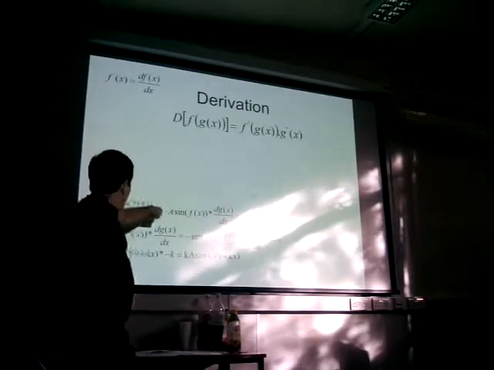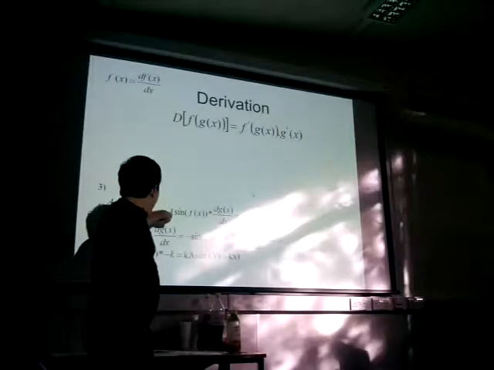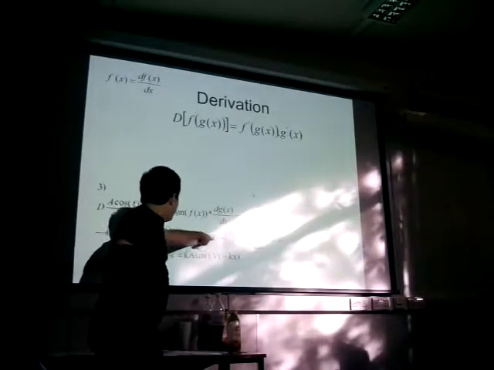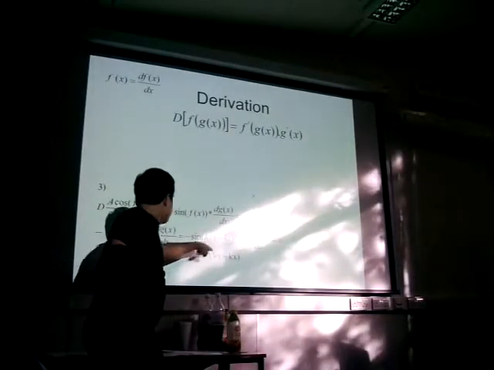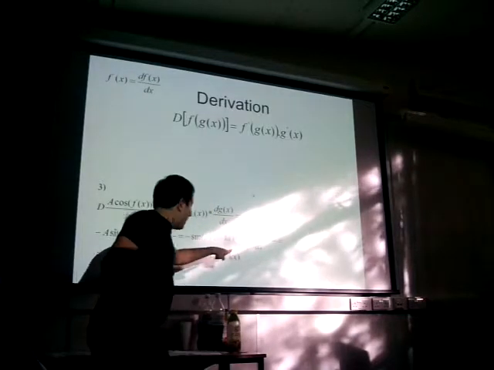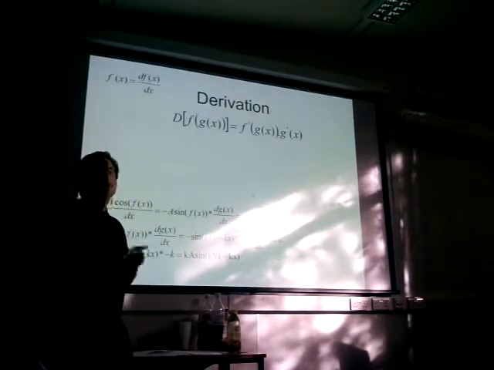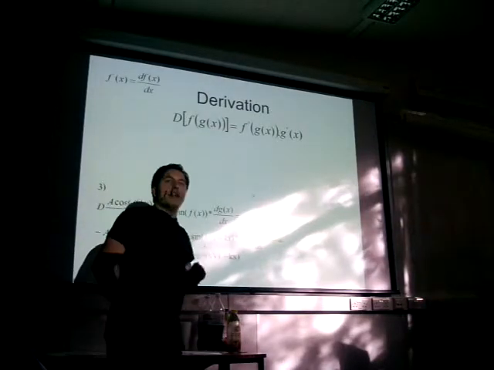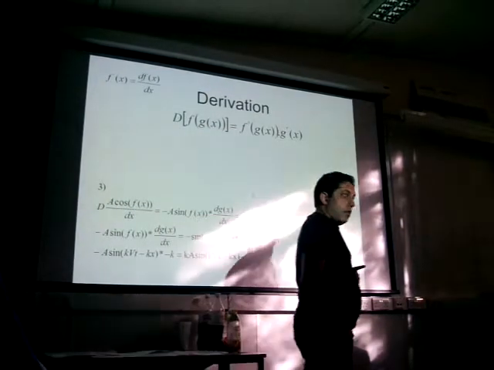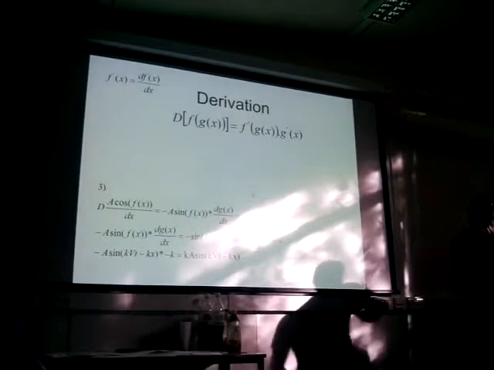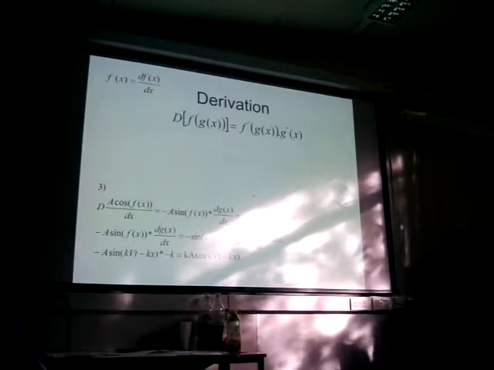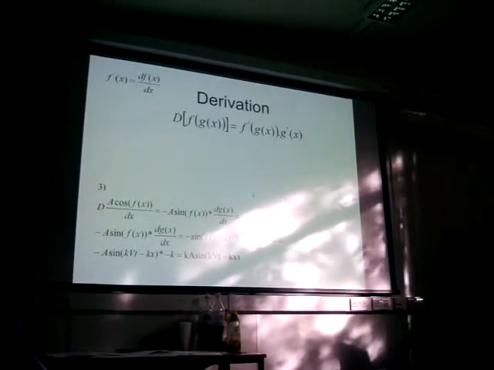So minus A sine of kvt minus kx multiplied by minus k, the minus and the minus multiply, I get k A sine of kvt minus kx. So that's how you get to the derivative of the original equation.